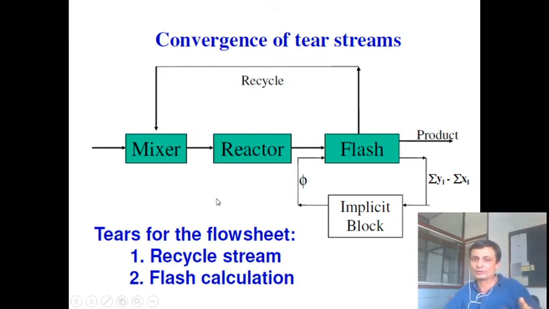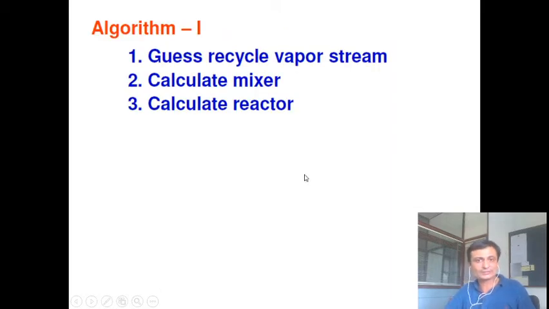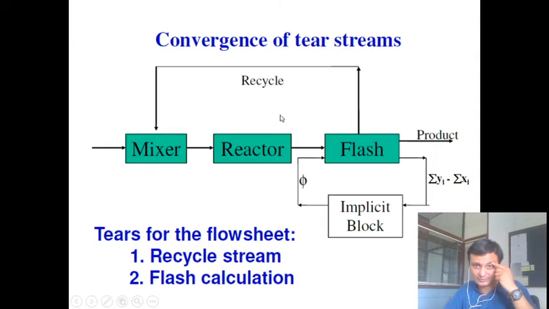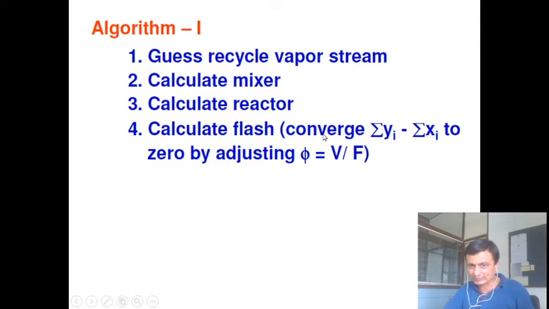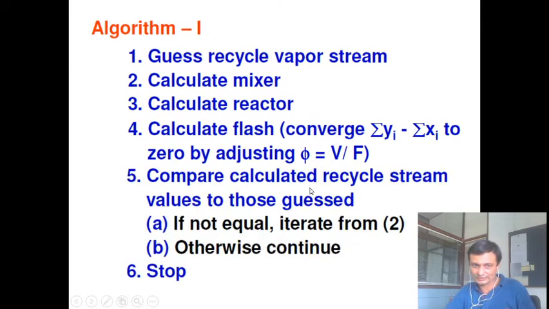Right, there are two points where I need convergence. One is this, the other is this. So one algorithm is: guess the recycle vapor stream, that is this stream, solve the mixture, solve the reactor, and calculate the flash, converge it for phi v by f, converge it for this, and then obtain the calculated vapor stream.